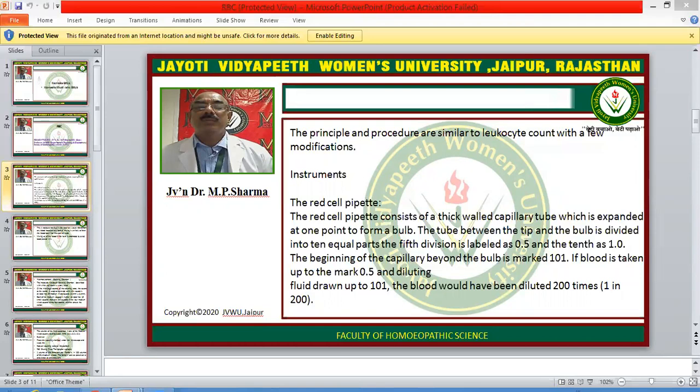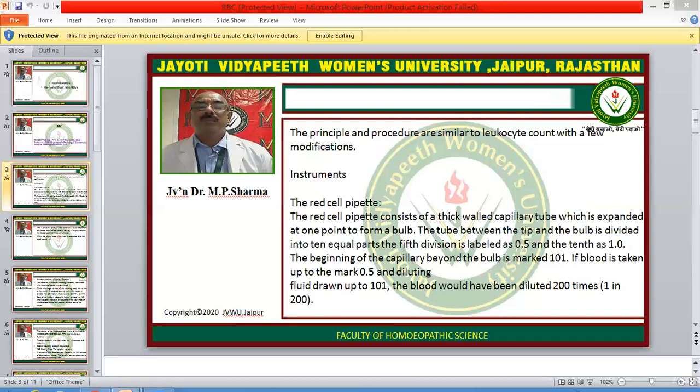This is because the fluid in the capillary would not contain any blood, as any form of mixing is unlikely to force the blood back into the capillary tube. Mixing of the blood in the bulb is promoted by a red bead placed in it.